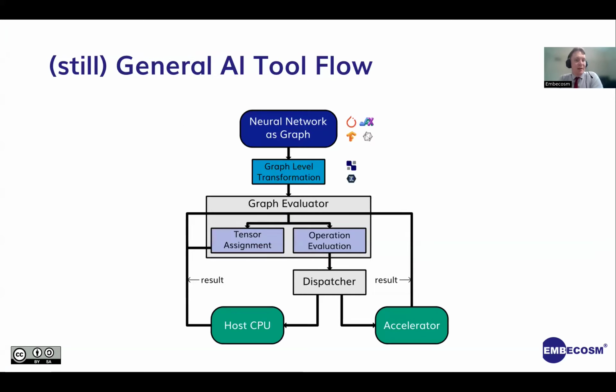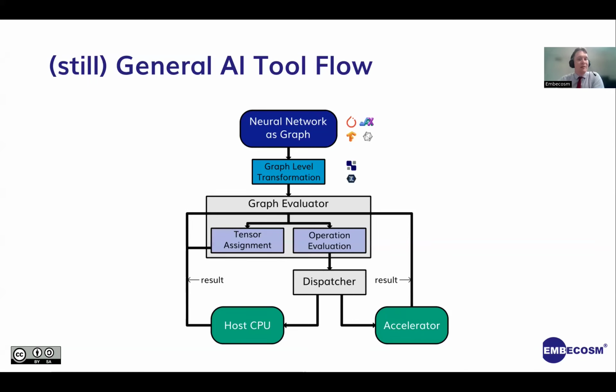So just a quick reminder about how all of these tools work, and Executorch is no exception. Conceptually, though, how Executorch implements all of these things is a little bit different. So all of these AI tools ingest neural networks as graphs. The nodes in the graph represent operations to be done like convolution, addition, multiplication, and the edges represent the flow of data between these nodes.